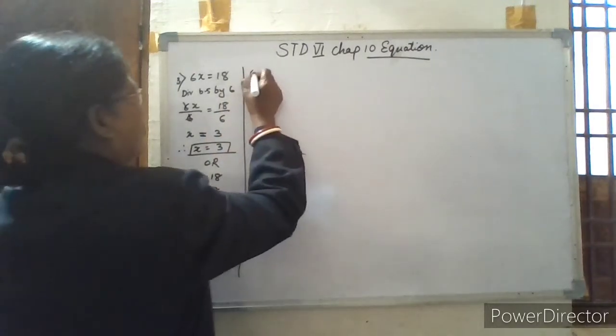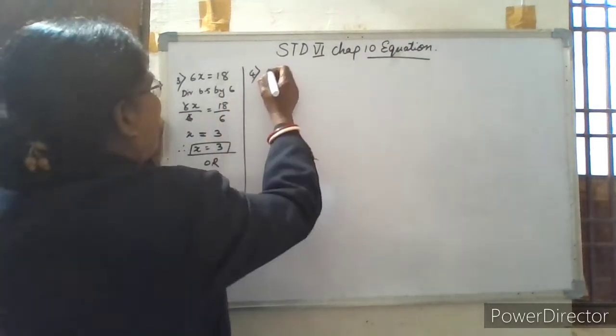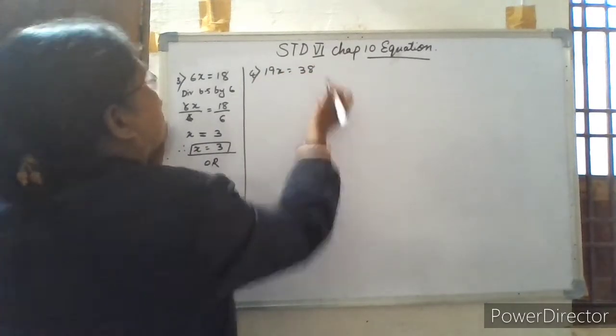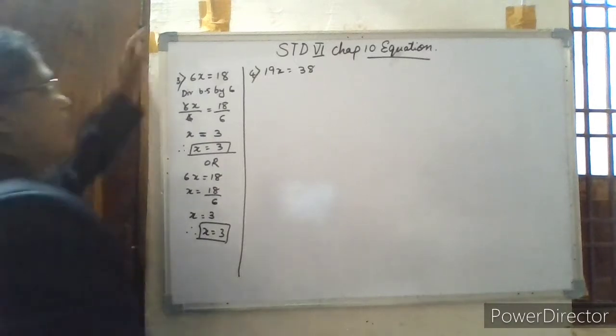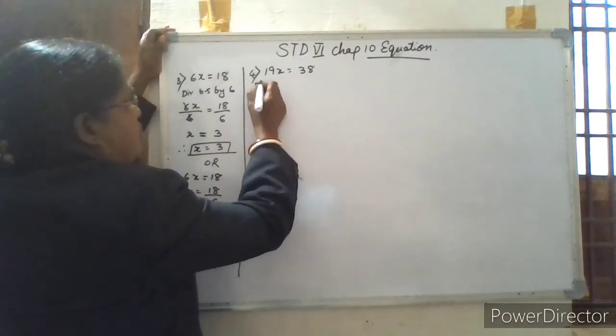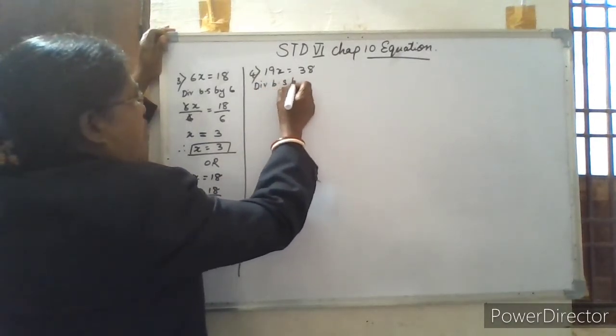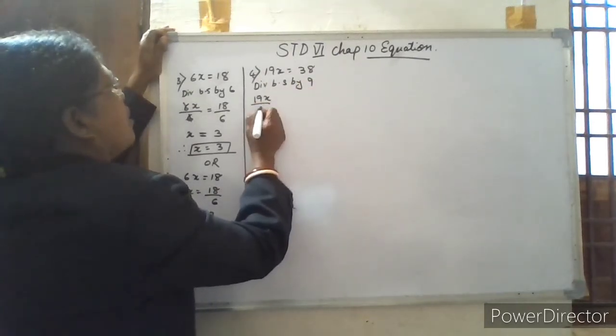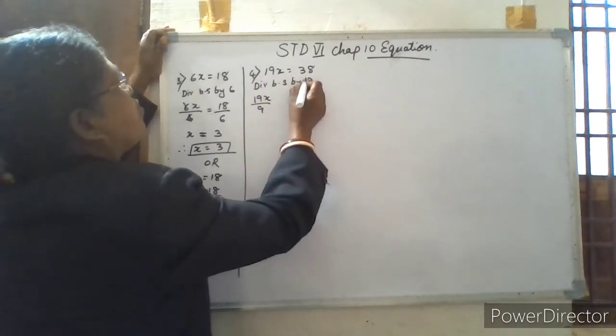Fourth equation: 19x is equal to 38. Divide both sides by 19. So 19x by 19 is equal to 38 divided by 19.